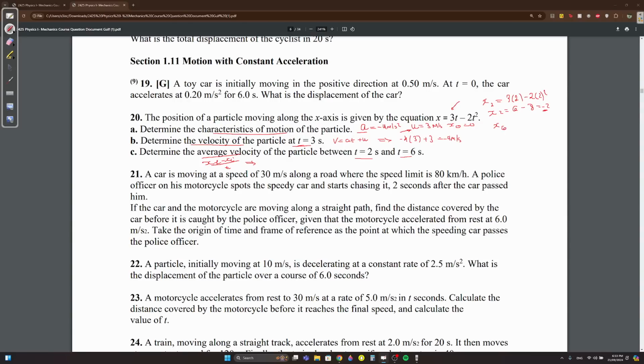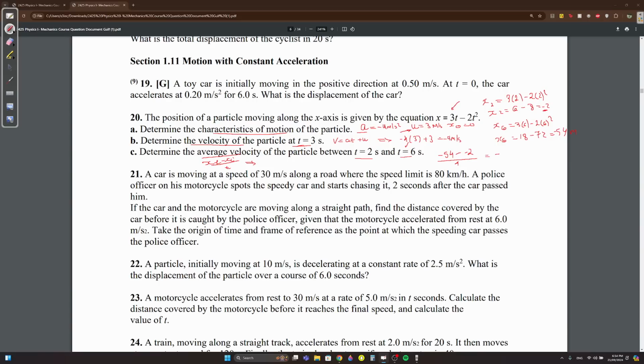How about x at 6 seconds? It's 3 times 6 minus 2 times 6 squared. 18 minus 72, which is negative 54. So our final is at negative 54. Our initial is at negative 2, over the time, which is 6 minus 2, which is 4.